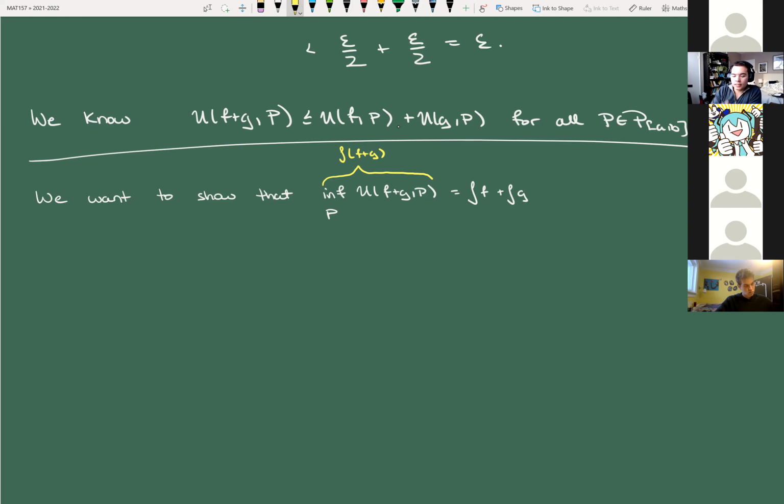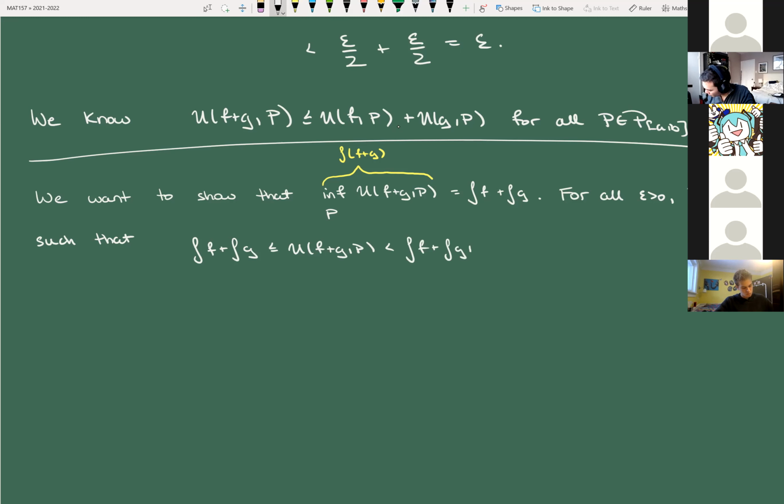But the reason I've written it like this is precisely because we're going to use the epsilon definition of the infimum, right? So we're going to say let epsilon greater than 0 be given, or maybe let me translate that. So we want to say for all epsilon greater than 0, there exists a partition P such that the integral of f plus the integral of g is less than or equal to U(f+g, P), which is less than the integral of f plus the integral of g plus epsilon.